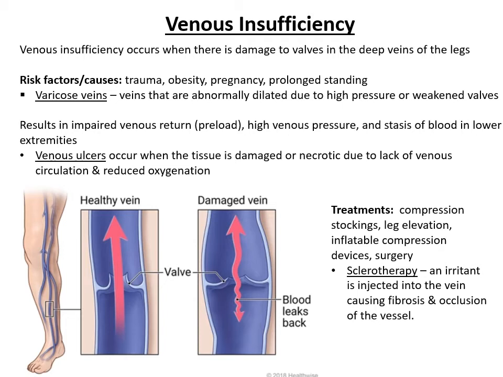So the lower part here: as your veins become more and more dilated from whatever condition you have, whether it's obesity or trauma, you have high pressures in the veins.